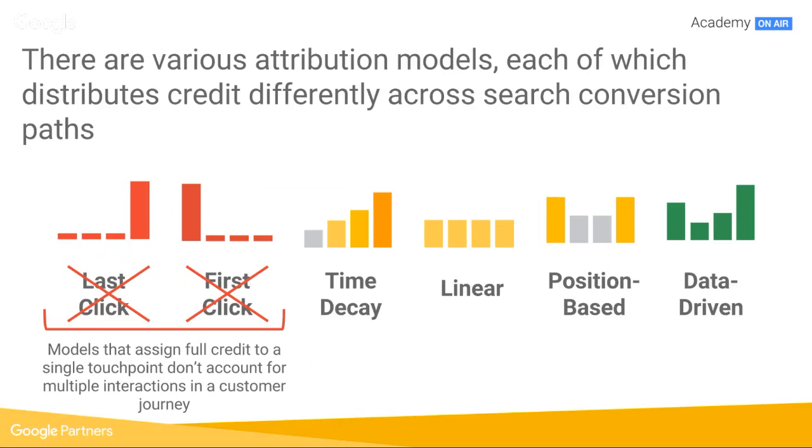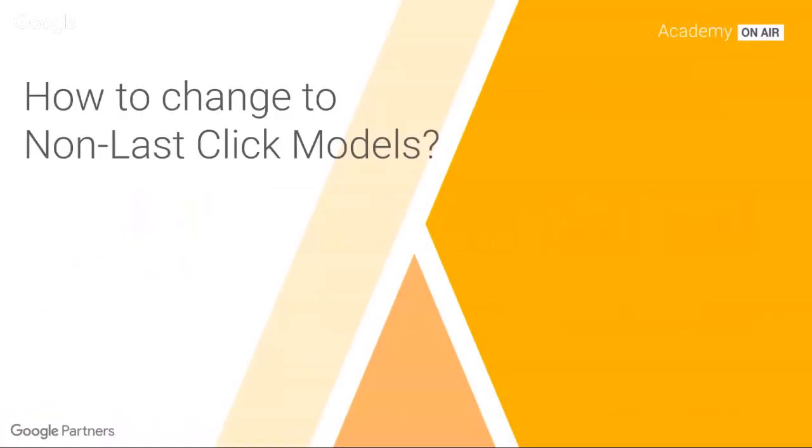With data-driven we can test everything. We don't have to make assumptions. And every time you don't have to make an assumption, but can actually look at things and test things, it's the best possible thing that you can get. So data-driven, whenever it's possible, please choose it. If that's not the case, I would say go between position-based and time decay, right? So this is a very clear guidance from us.